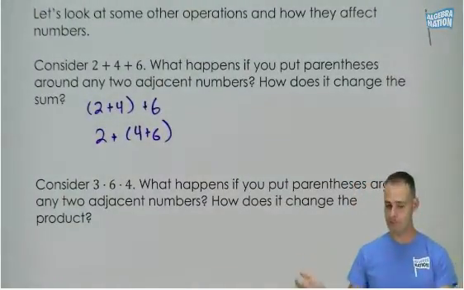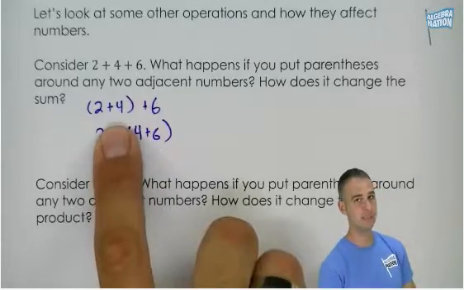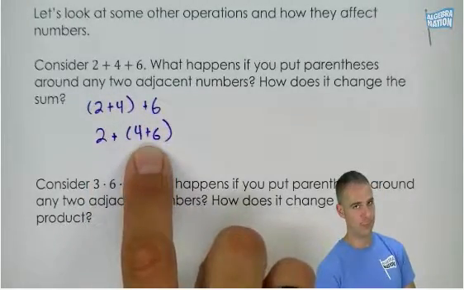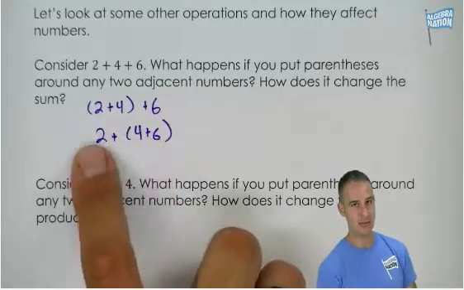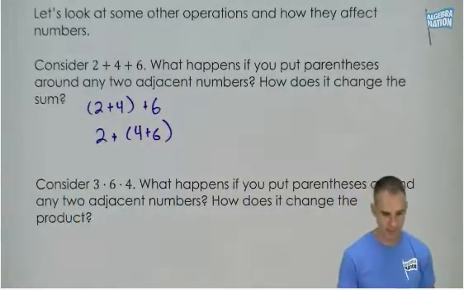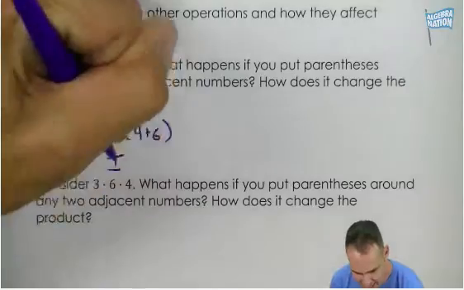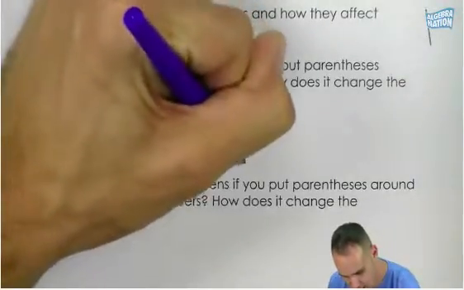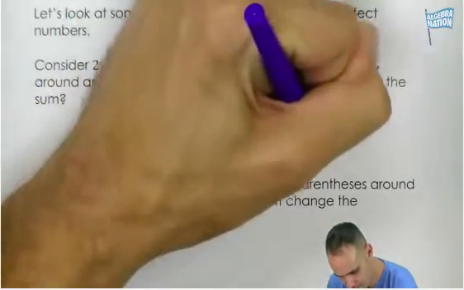With order of operations, 2 plus 4 is 6, and then 6 plus 6 is 12. Over here, 4 plus 6 is 10, and 2 plus 10 is still 12. It does not change the sum.